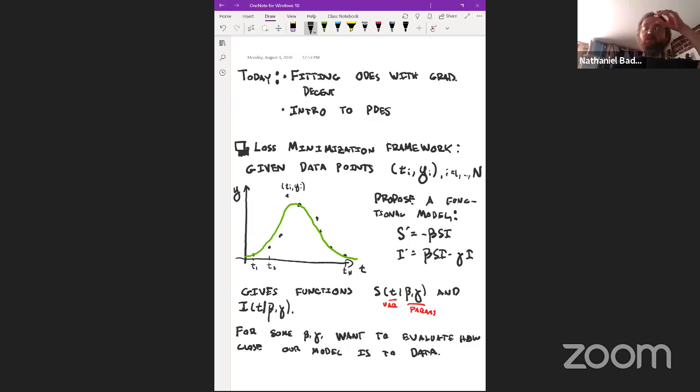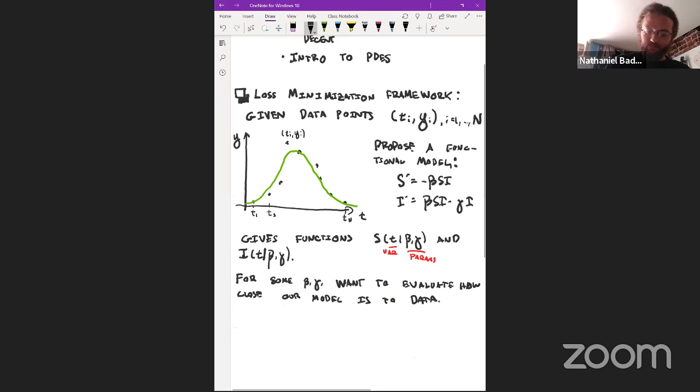The usual way that we do this, or one way that we do this, is by defining an error. An error basically is going to be the degree of difference between the data and the model.